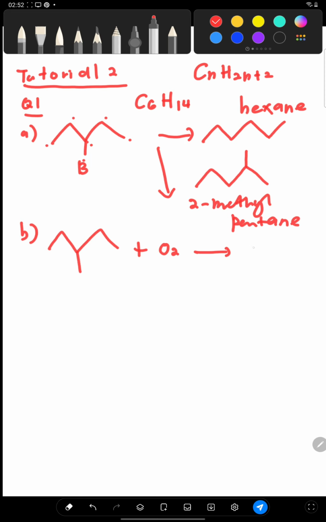So the answer should be CO2 plus H2O. If you want to write the formula, C6H14 plus O2 gives CO2 plus H2O.